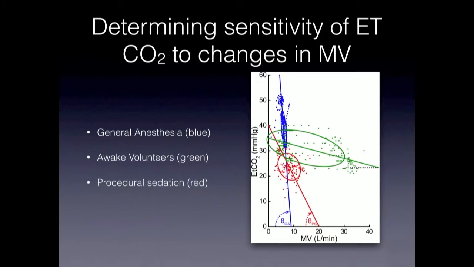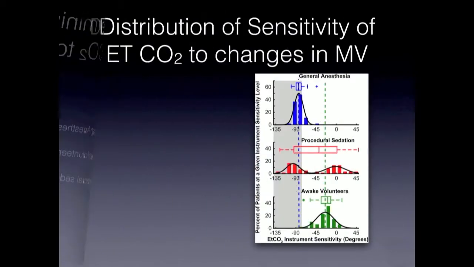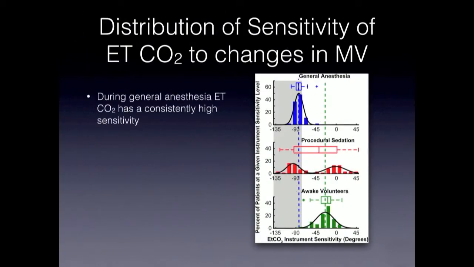Okay, and so now you've got this data on the instrument sensitivity, and we're going to look at a histogram of the instrument sensitivity across a bunch of different patients. What you see is that during general anesthesia, end-tidal CO2 has a consistently high sensitivity, which is what we expect. You've got an intubated patient, you can control the ventilation.